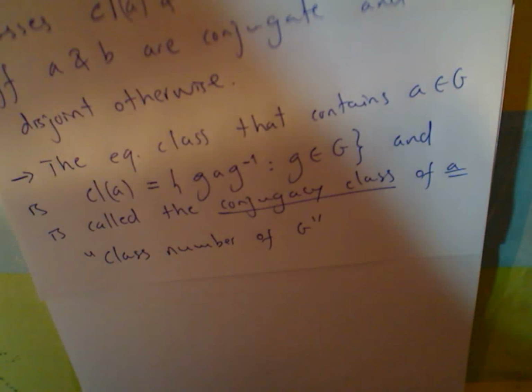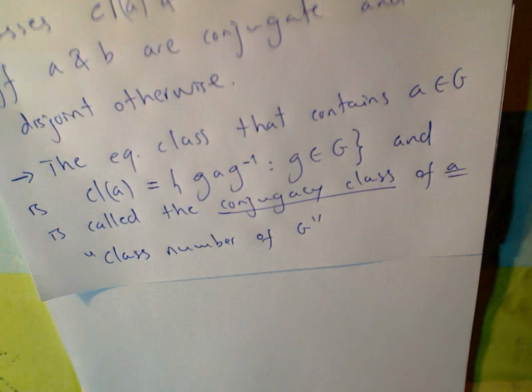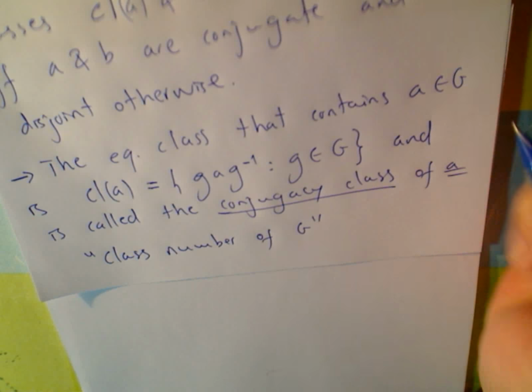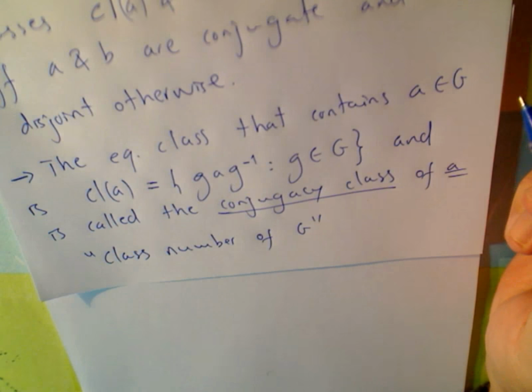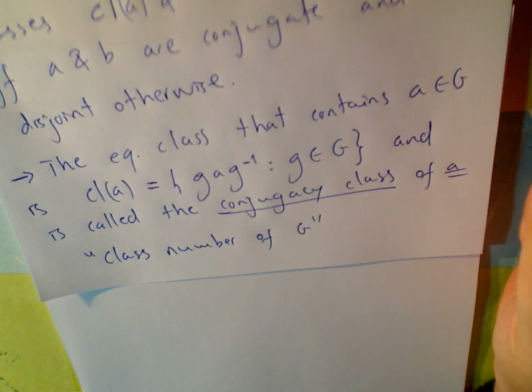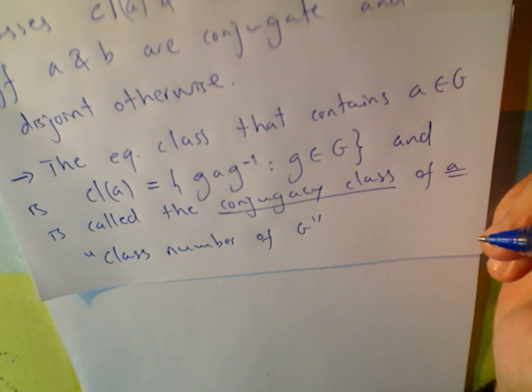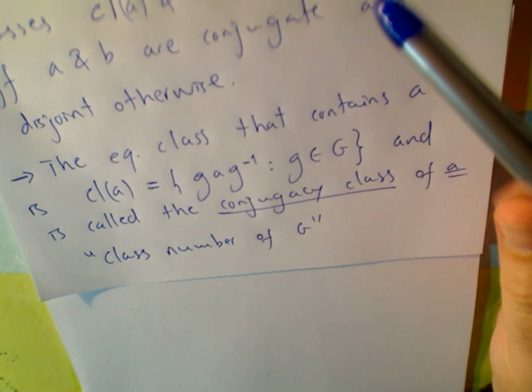Okay. Now I think this is okay. The definition of what a conjugate is. When we say x is conjugate of y, we know what it is. We proved that conjugacy is an equivalence relation, and we know that every equivalence relation gives rise to equivalence classes.